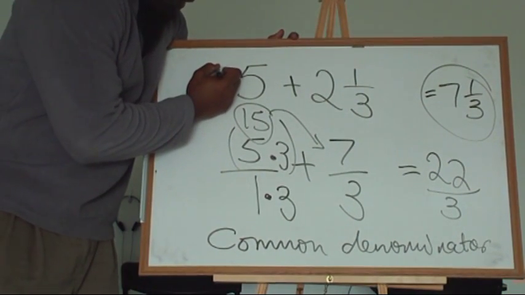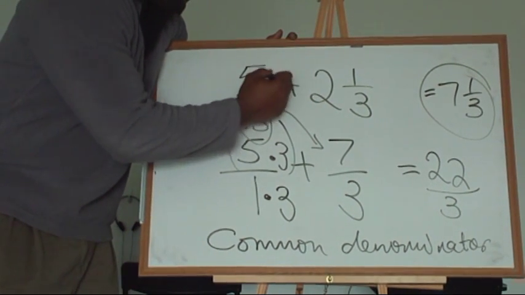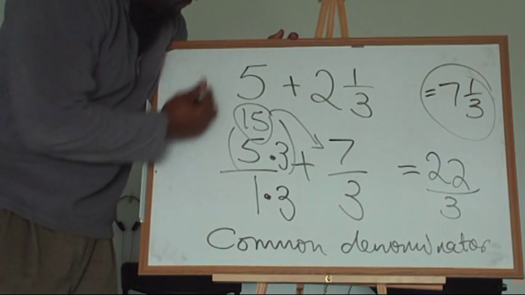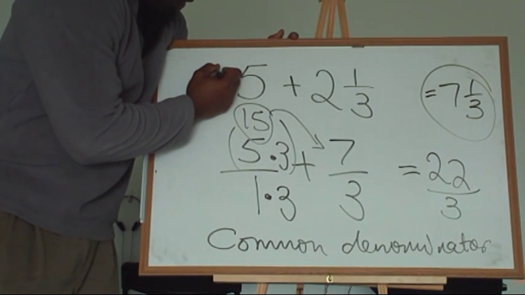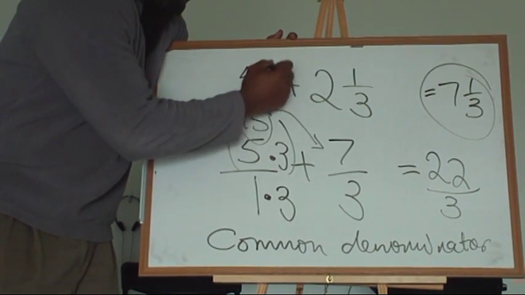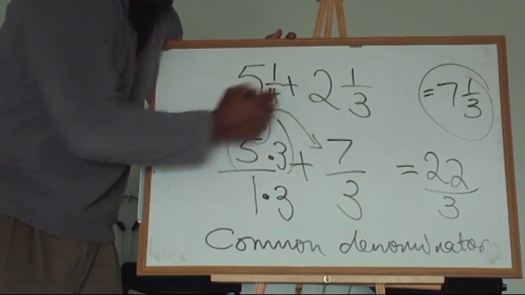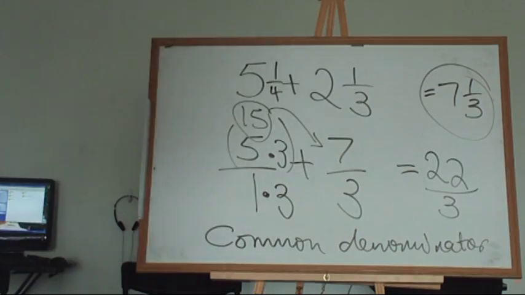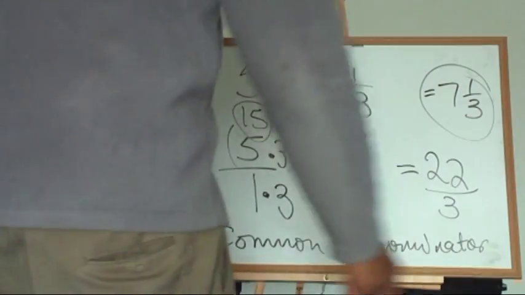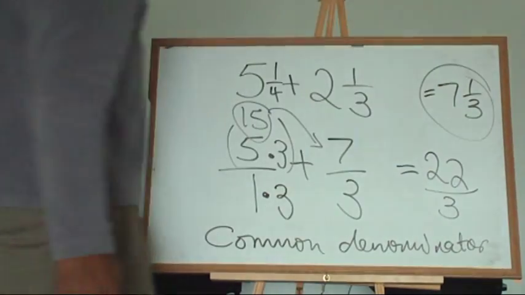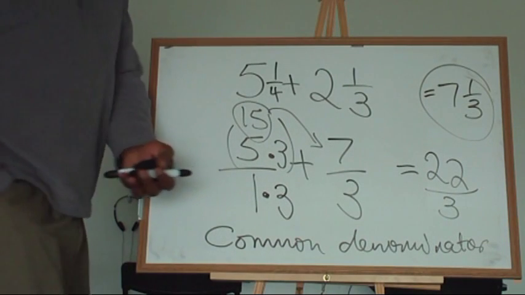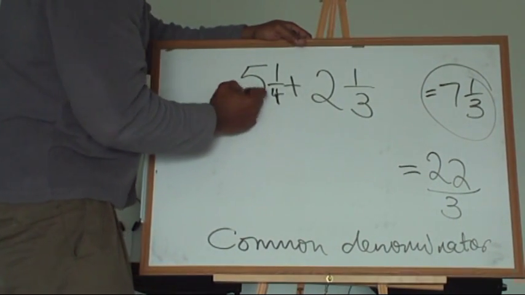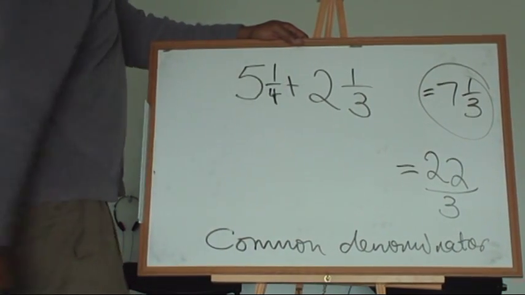Okay, let's make it more interesting now. Well, my estimate would be pretty close to that. 7.5 maybe. Last time I changed these mixed numbers into improper fractions.